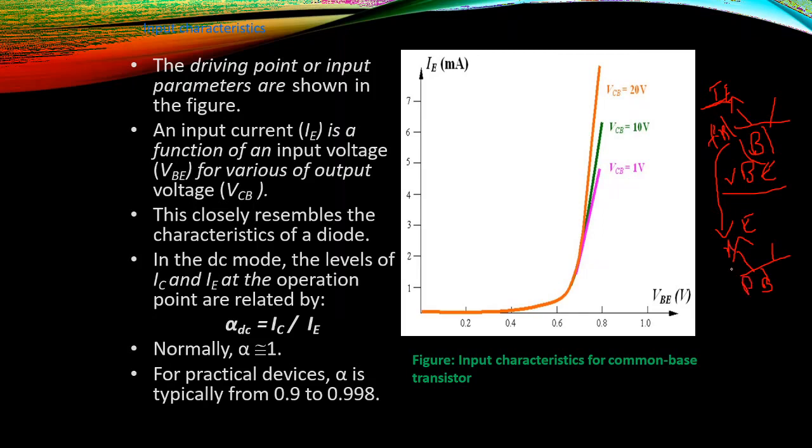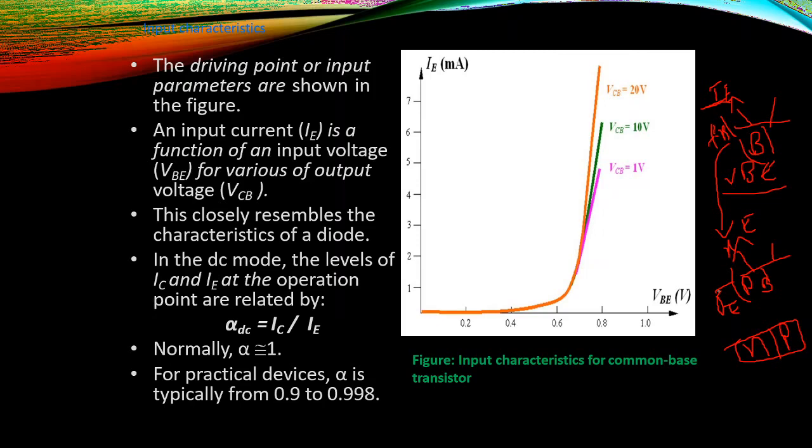If you consider these two only, N and P materials, we are considering only the JE junction. Whenever it is a combination of only two, N and P, it acts like a diode.